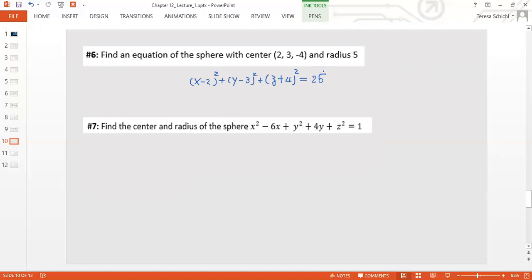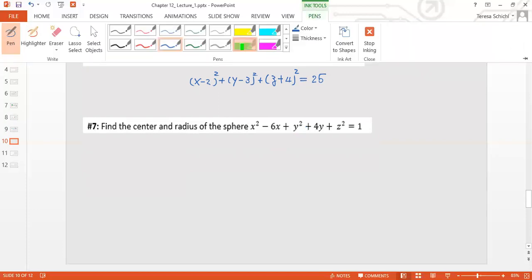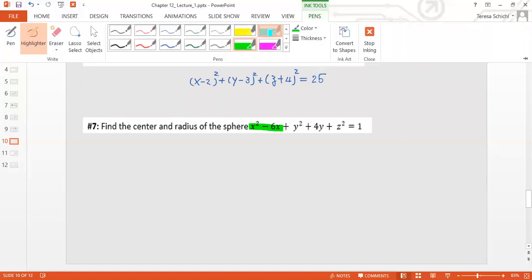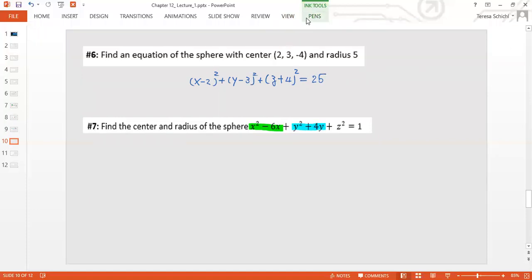Okay, all right, the next one: find the center and the radius of the sphere. You see I have x, y, and z here.